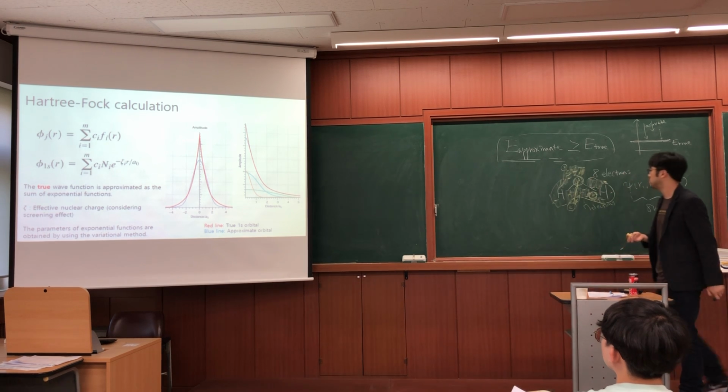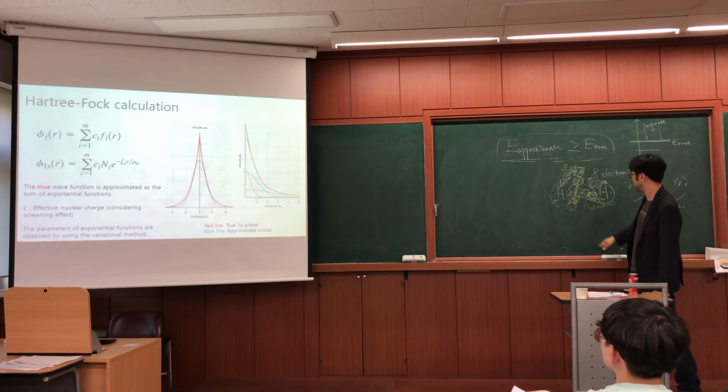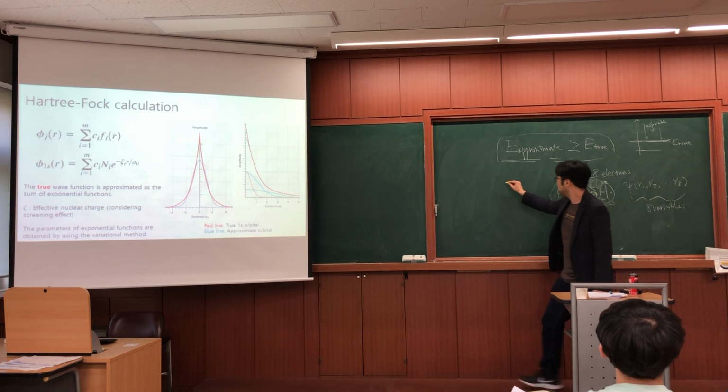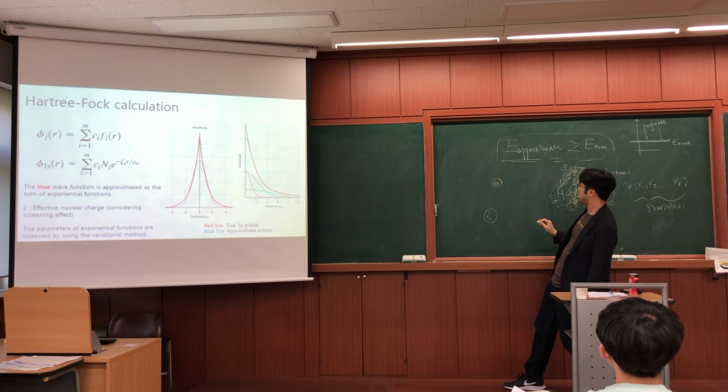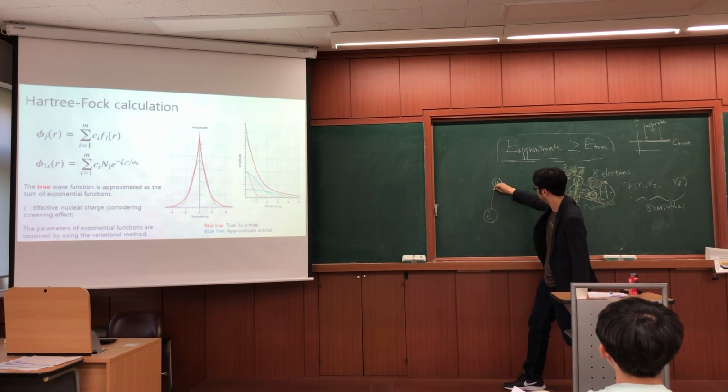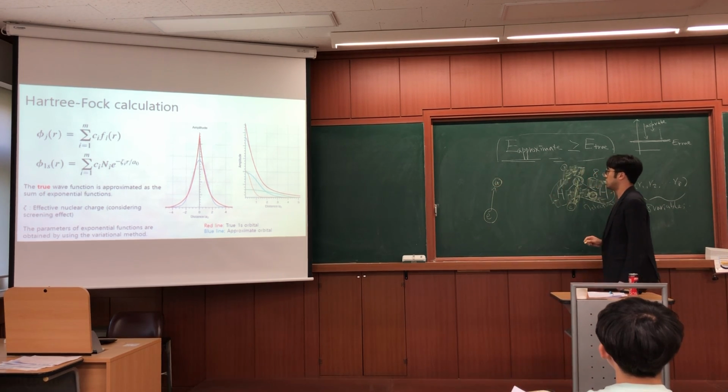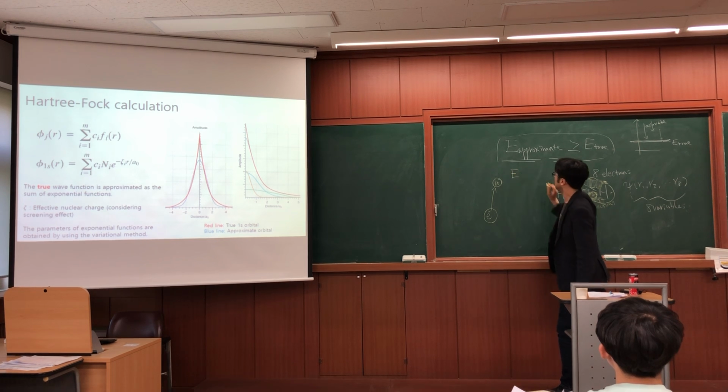Effective nuclear charge means that, as I told you before, in vacuum, if the electron is here and let's assume this is oxygen, the nucleus of oxygen has 6 plus, and so it should be attracted by minus 6e over 4 pi epsilon r.